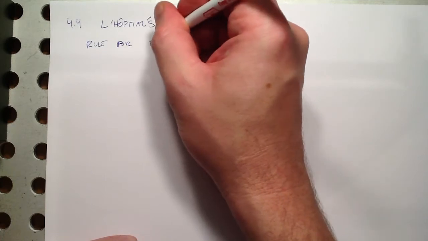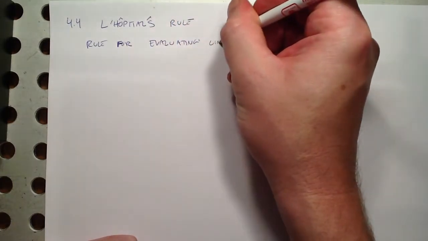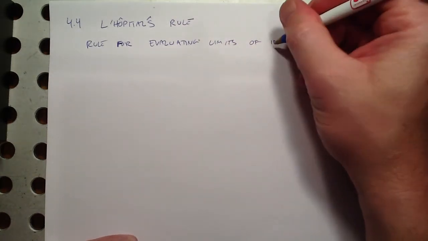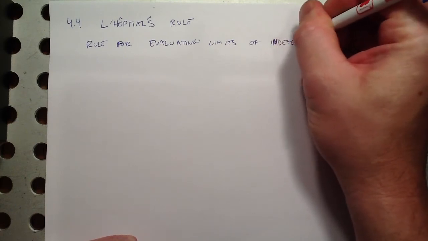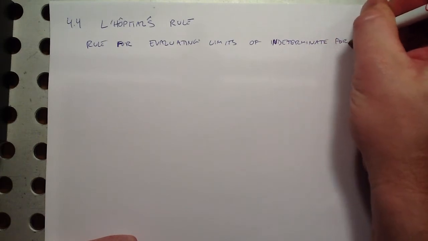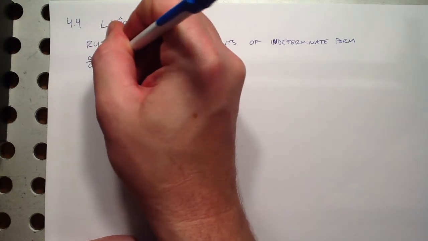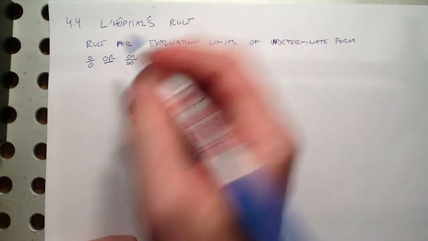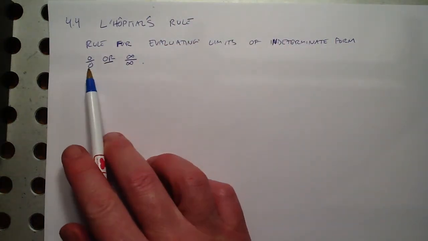A rule for evaluating limits of indeterminate form of 0 over 0 or infinity over infinity. And those are our two number one indeterminate forms that we run into. Of course, 0 over 0 is the number one.